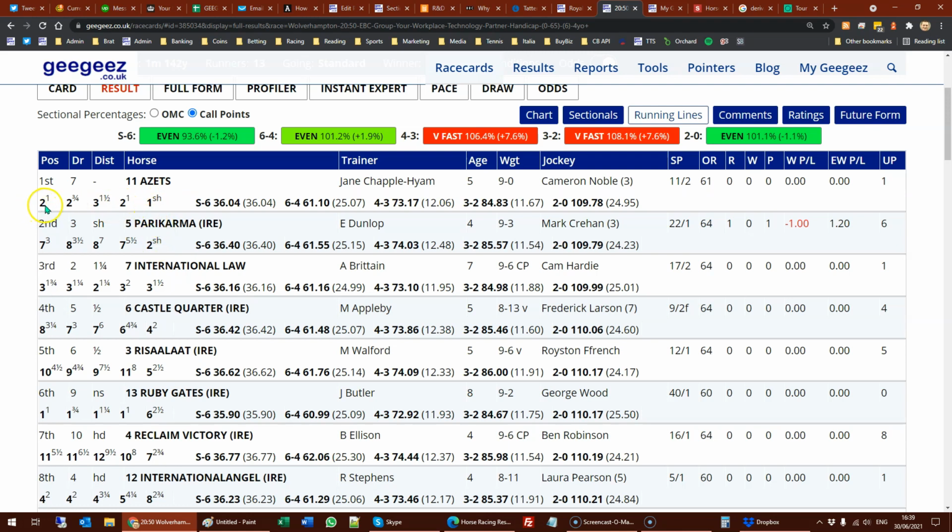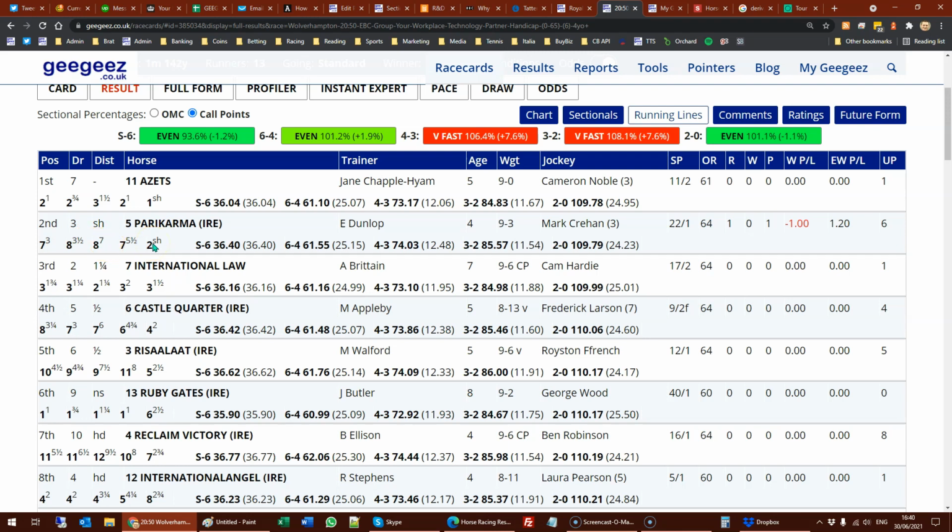Now compare the proximity to the leader through the race of Azets, who was always within a length or a length and a half of the lead, and compare that with Parikama, who at the 3rd call point, which is this one, at the 3 furlong from home point, was 7 lengths off the lead in 8th place.